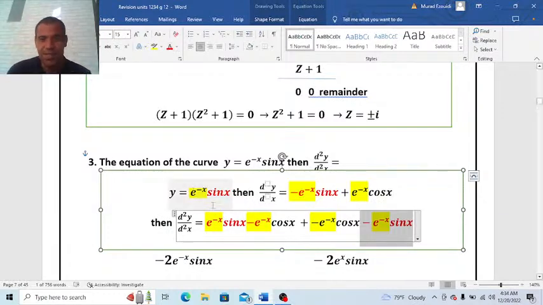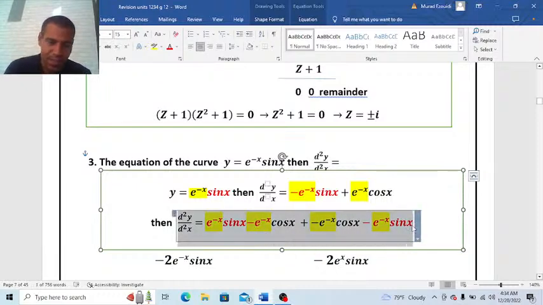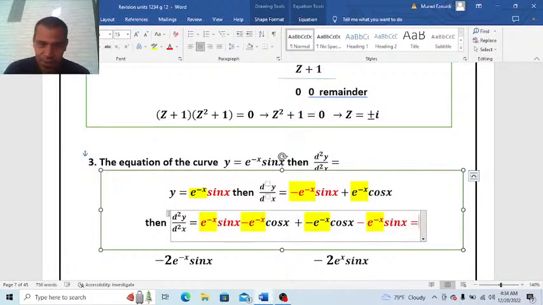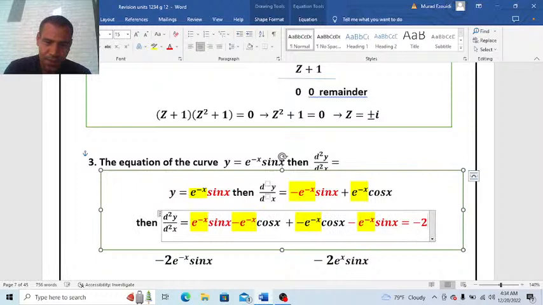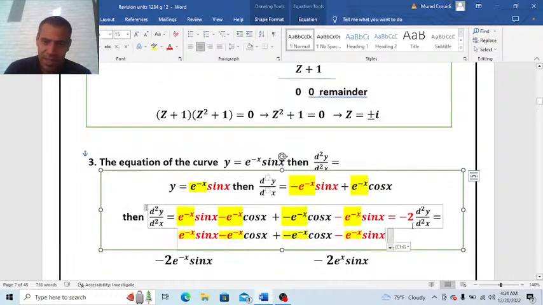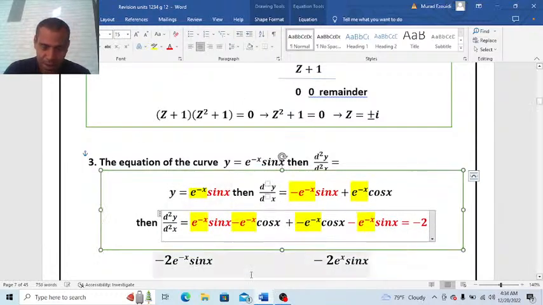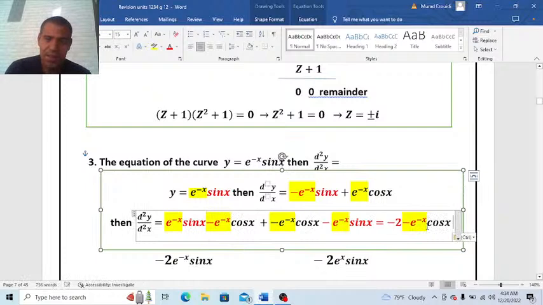So we cancel this one, exponential minus x sine x. Then we have minus exponential minus x sine of x. This one will be cancelled. So the last answer, learners, the second derivative of the function, will be equal to minus 2 exponential minus x cosine of x.